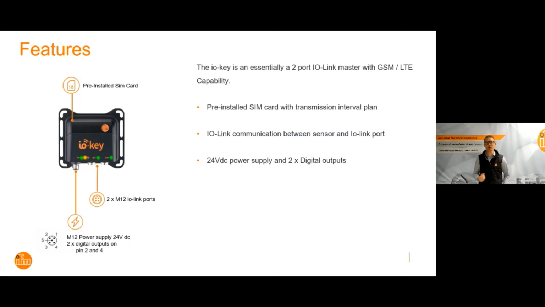Okay, so we would normally use these digital outputs for switching something like a warning light or a relay, but the functionality is there to do this. Again, the Ioke is not used for controls and switching of outputs independently. We try to limit the switching outputs remotely because it can actually cause a very dangerous situation.